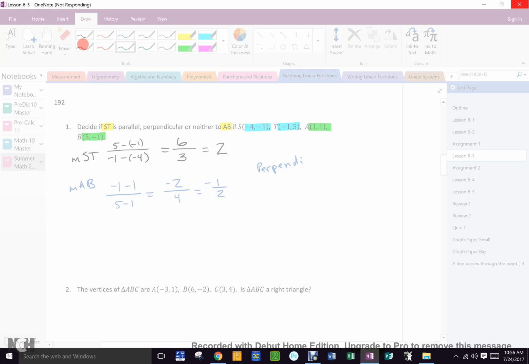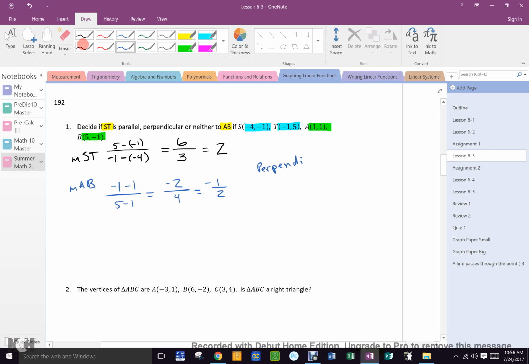Perpendicular to negative 1 over 2, because they're reciprocals and the sign changed. Does everybody understand?